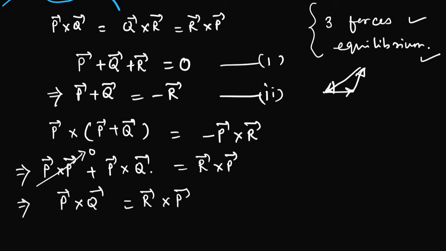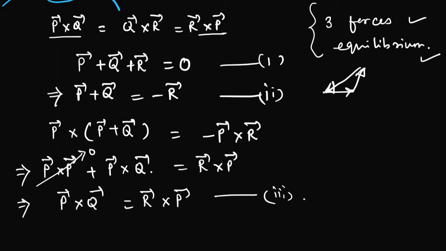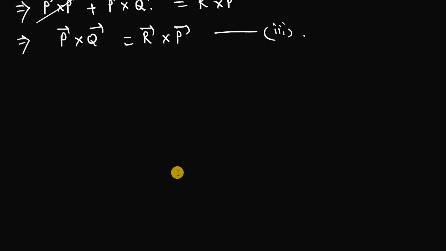Yes, we did achieve. P cross Q equals R cross P, and this is equation 3. Wow, we achieved it very fast. Now again you try to, I am writing in green here so that it would be more differentiated for you.